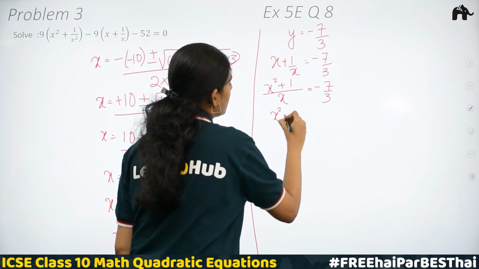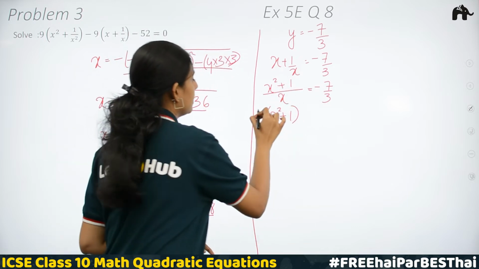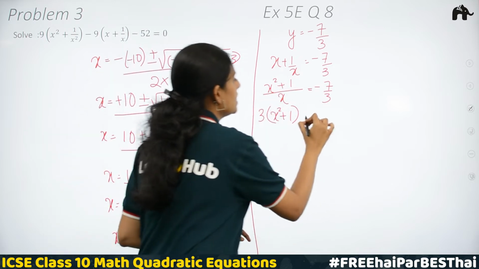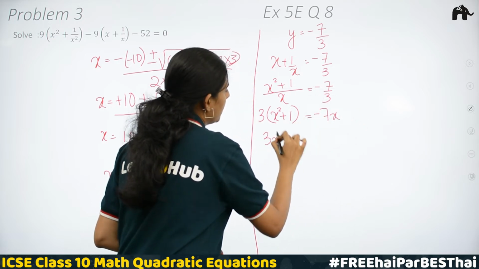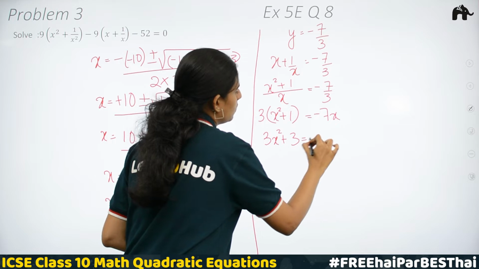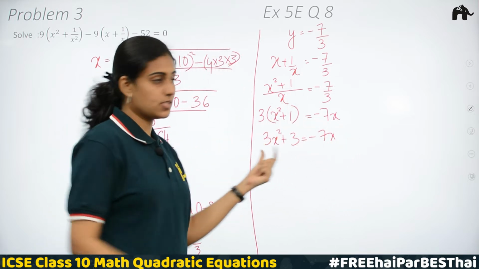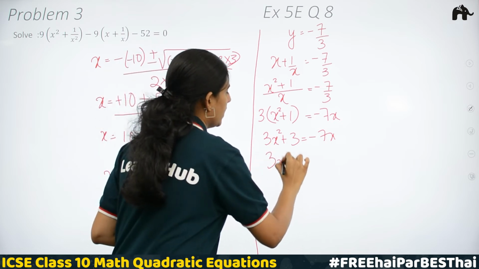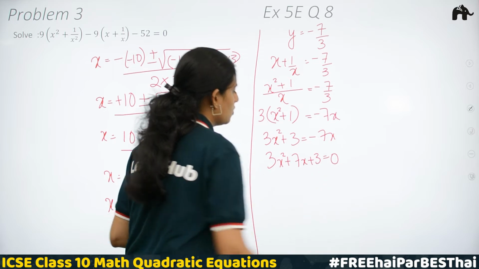Cross multiplying, we get 3 times (x square plus 1) is equal to minus 7x. 3x square plus 3 is equal to minus 7x. Now bring this minus 7x to the opposite side. 3x square plus 7x plus 3 is equal to 0.